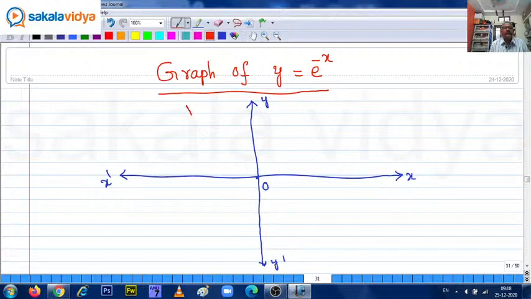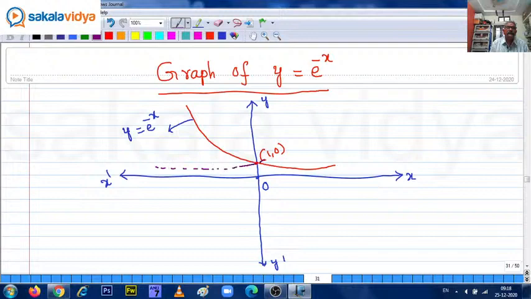So this is the graph of y is equal to e power minus x. It cuts at 0, 1. If you draw like this, this will be the y is equal to e power x graph. Y is equal to e power minus x and y is equal to e power x are images of each other with respect to the y-axis.